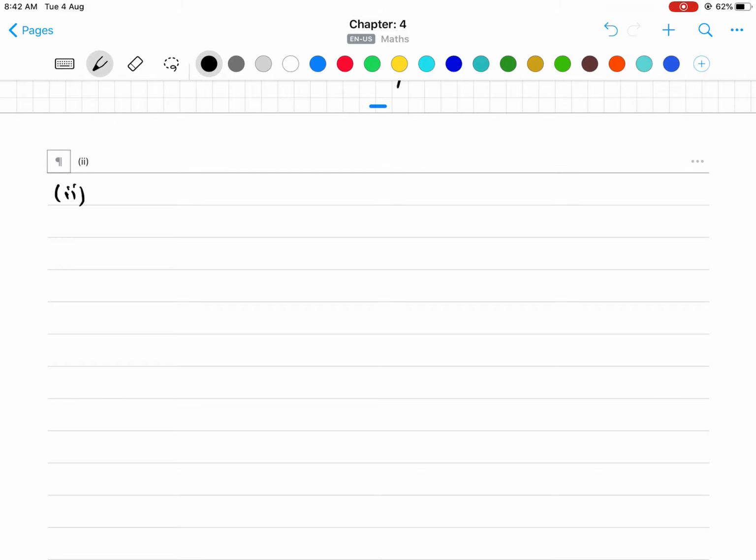Part second: if temperature is 30 degrees Celsius, the temperature in Fahrenheit will be F equals to 9 by 5, at the place of C we'll write 30, plus 32 in the same equation.